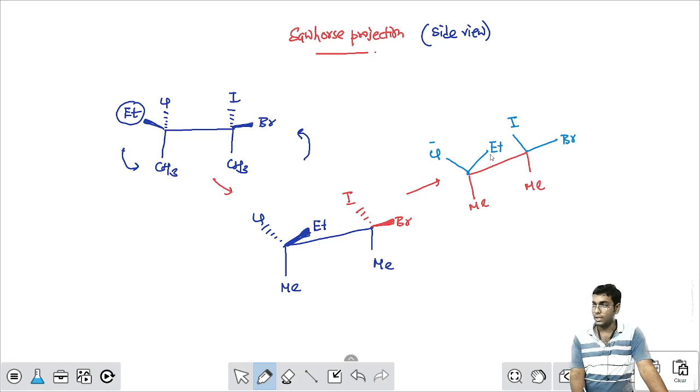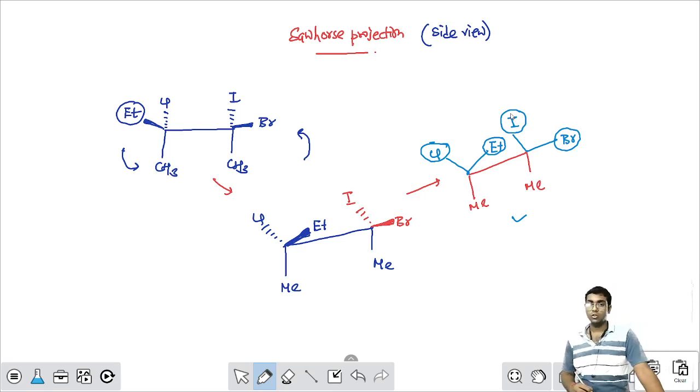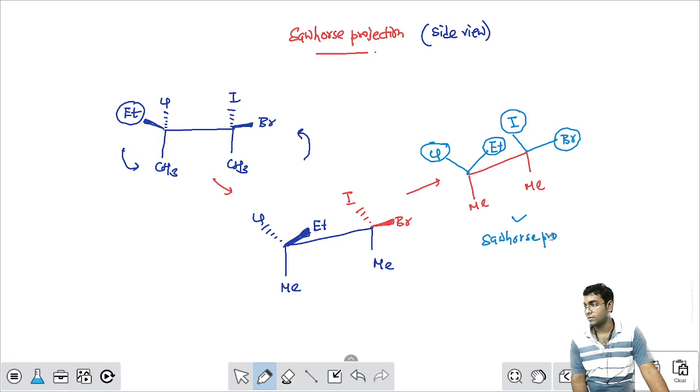So you can look at this and guess that in the flying wedge position this must be in the above position, and this one will be in the dash position, and in the flying wedge this one will be in the above position and this one will be in the dash projection. Okay, so this is called sawhorse projection.